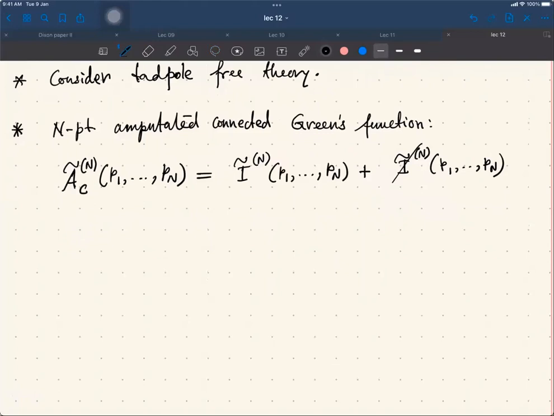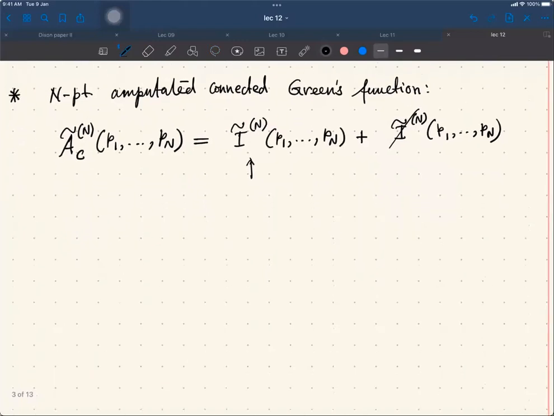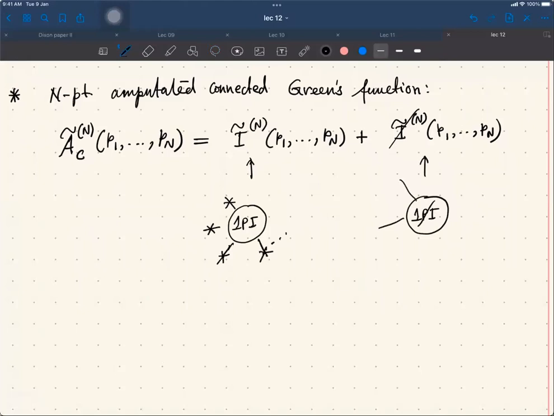This is one particle irreducible, so that will be denoted as this. There are a bunch of external lines which are all amputated. And this one I will denote as 1 PI slash, not 1 PI. These are not one particle irreducible diagrams, and these are of course amputated.